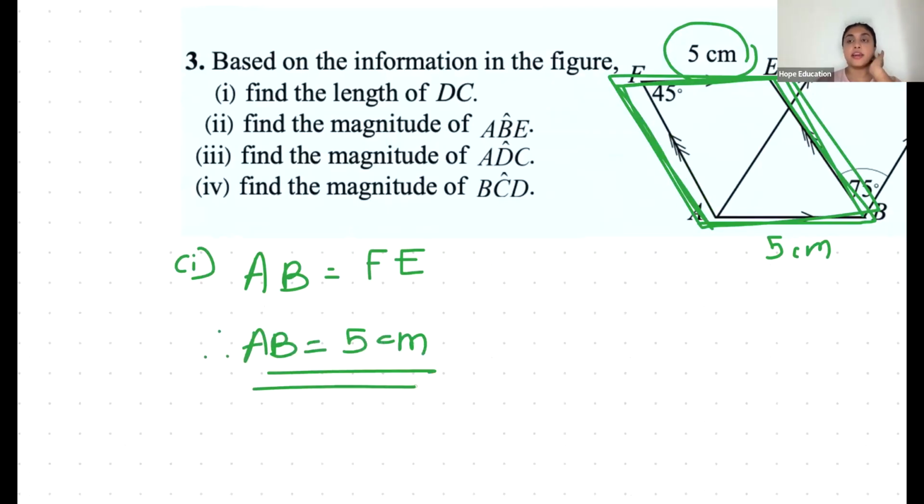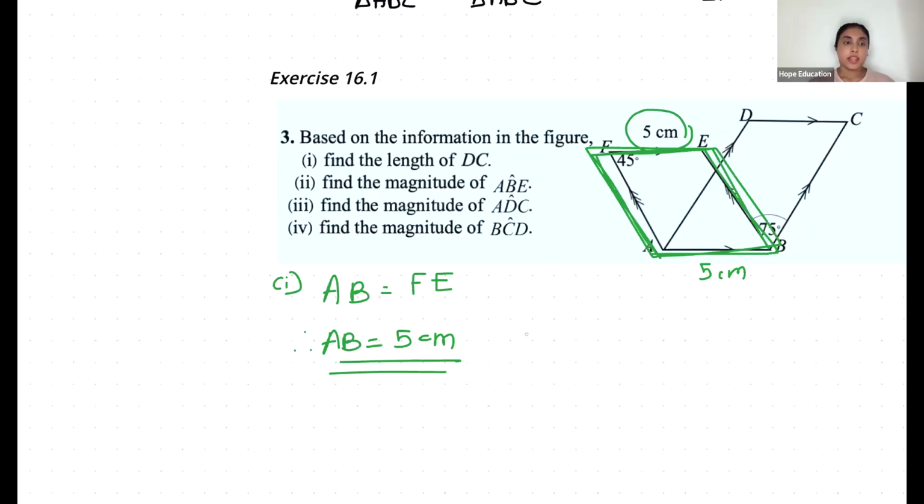Now, let's just try to get an idea. ABCD is also a parallelogram. Since ABCD is a parallelogram and AB is 5 centimeters, DC will also be 5 centimeters, because opposite sides of a parallelogram are equal.